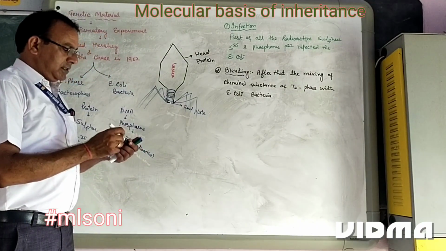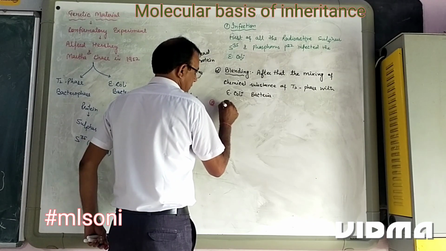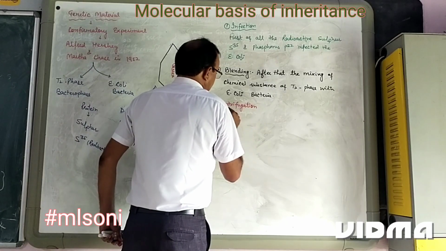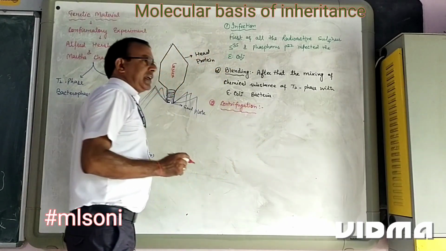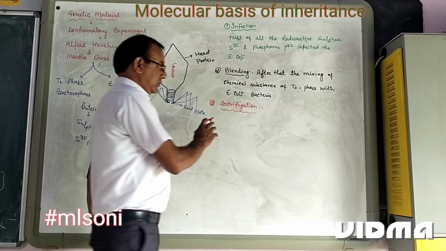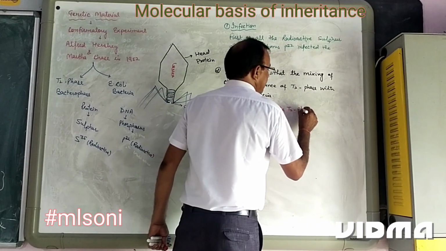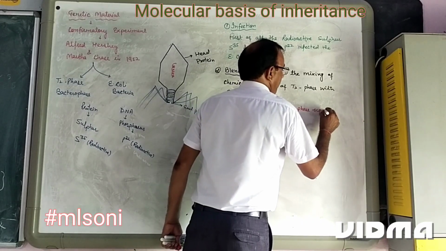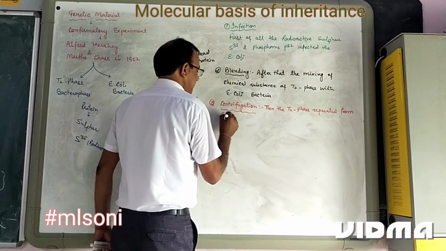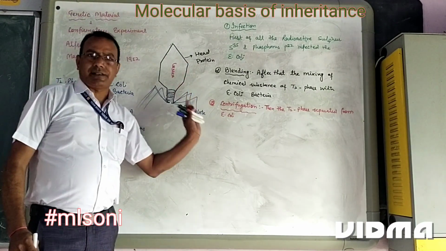The third step is centrifugation. It means the T2 phage, or bacteriophage, is separated from the E. coli in different test tubes, or vessels.